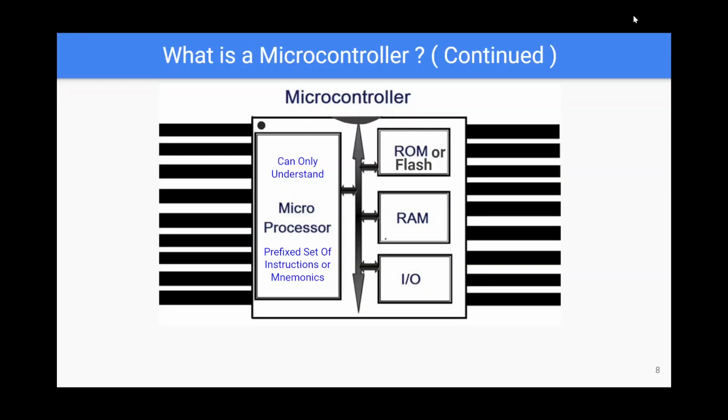Okay, so I think now you hopefully have a clear understanding of what an IC is and what the fundamental building block of digital ICs is, and now it's a good time to introduce what a microcontroller is. As I mentioned, a microcontroller is simply an IC, like a package.